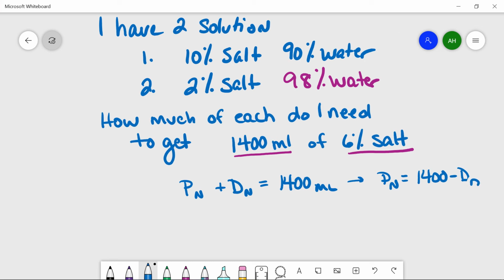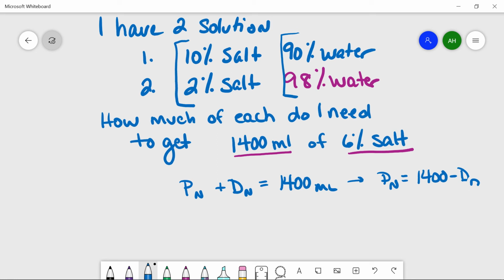All right, let's look at creating an equation here. We've got this 10% salt solution and we've got this 2% salt solution, right? So if it's 10% salt and 2% salt, then I have that it's 90% water and 98% water.